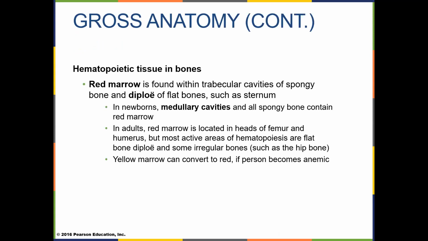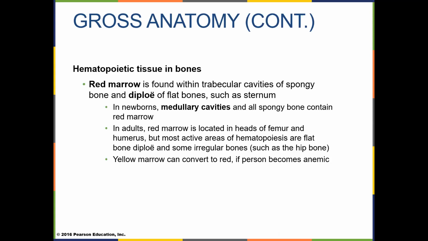Now, as I said, the red bone marrow is in some of the medullary cavities. It is found in the cavities of the spongy bone around the trabeculae, and it's found in the diploe structures in the flat bones.